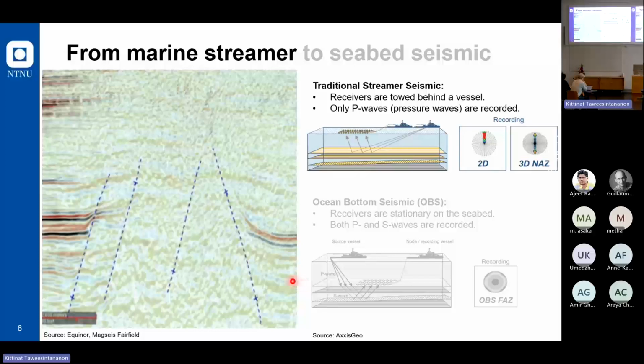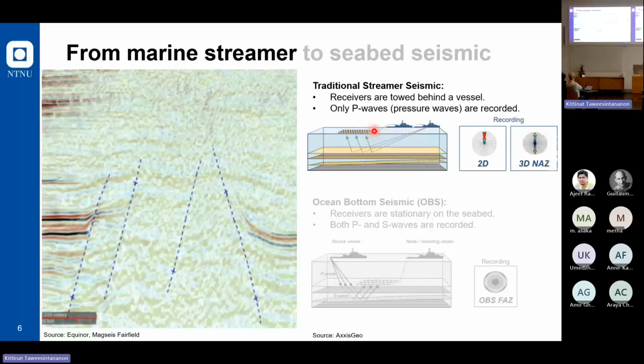First, I focus more on the marine environment. Normally we use a seismic streamer deployed behind the vessel as the receiver, and we have an air gun as a source. This is the traditional way to acquire seismic data in the marine environment.